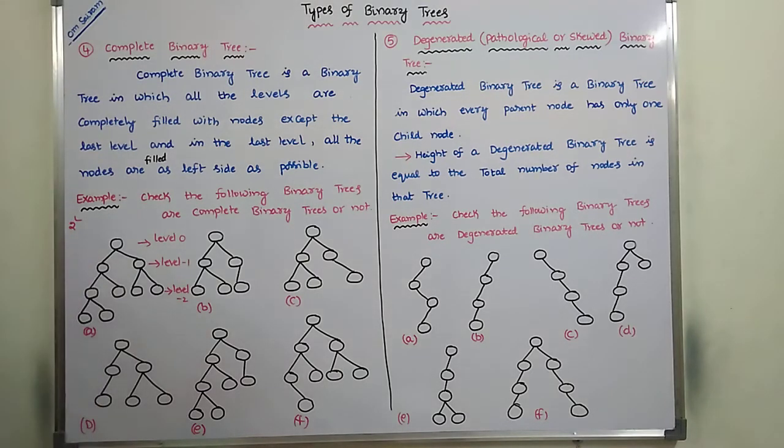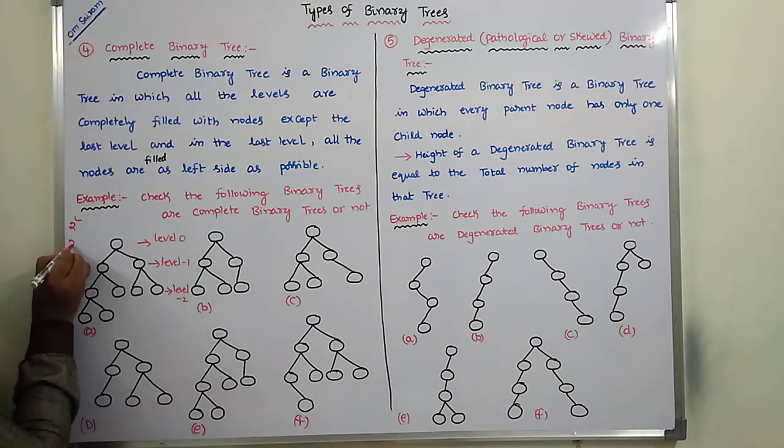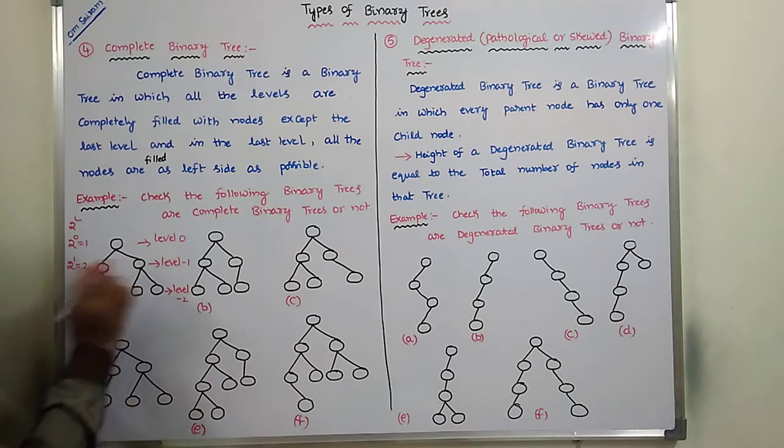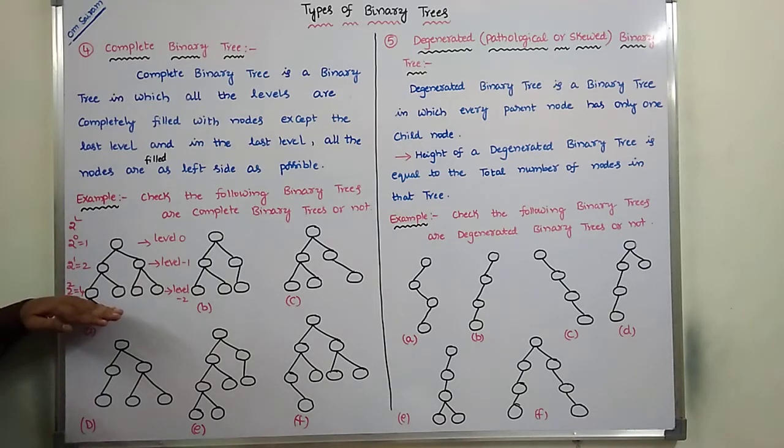In level 0, how many nodes are there? 2 power 0 is equal to 1. Next, in level 1, how many nodes are there? 2 nodes. In level 2, how many nodes are there? 4 nodes, except the last level.